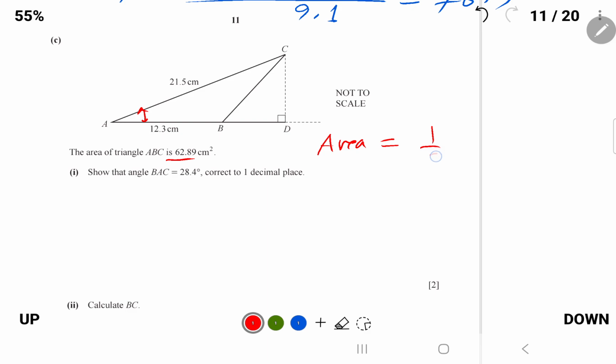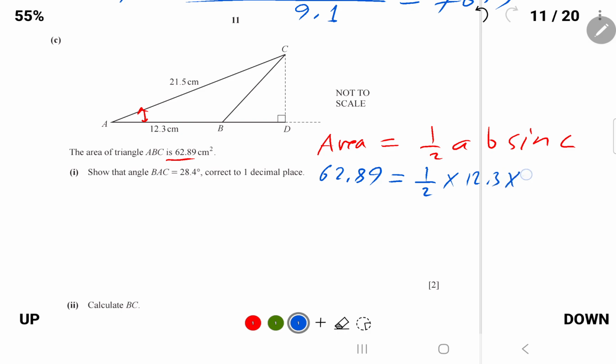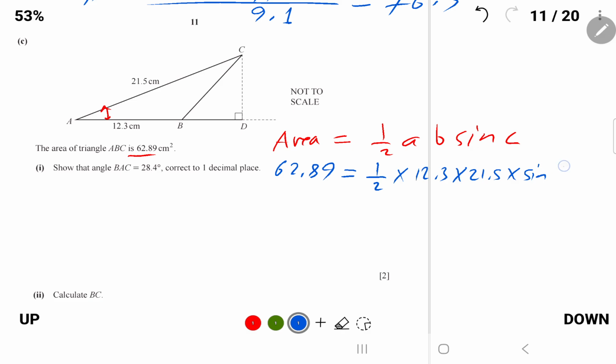Area is equal to half ab sine C, which means half times side times another side times sine angle between them. So if you use it here, the area is given to you, 62.89 equal half times 12.3 times 21.5 times sine the required angle, which is angle A here.